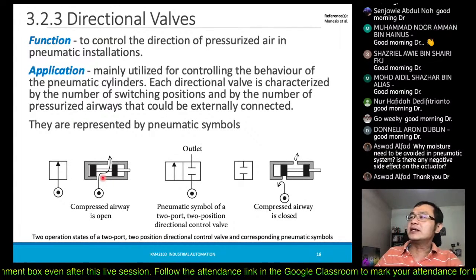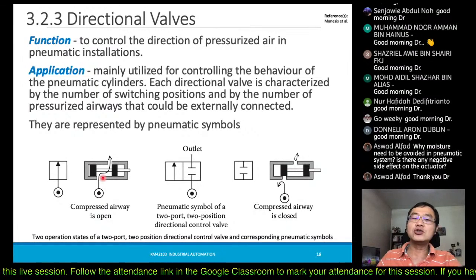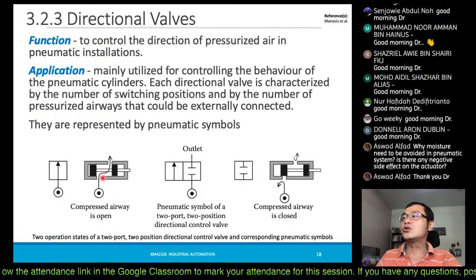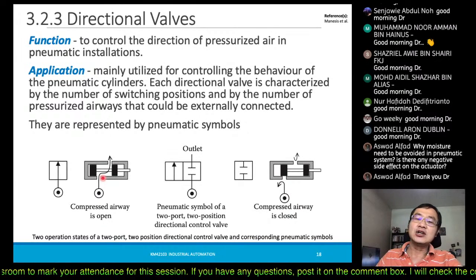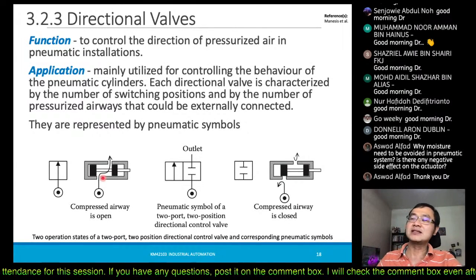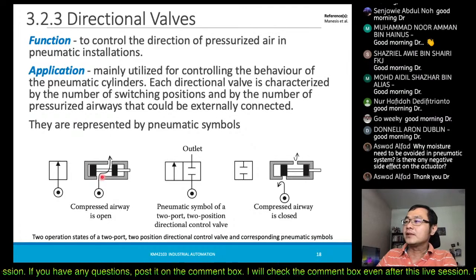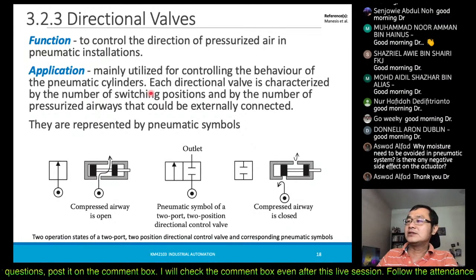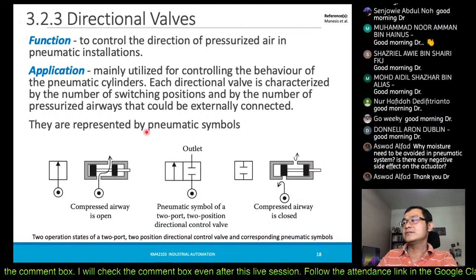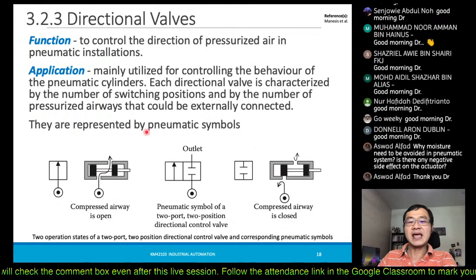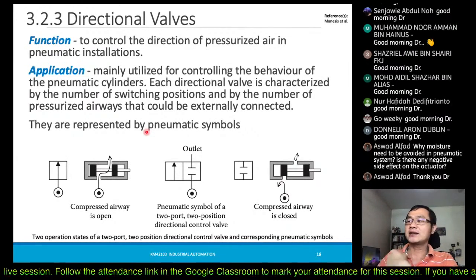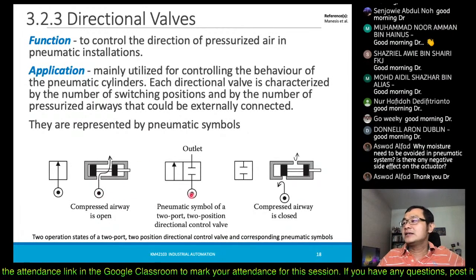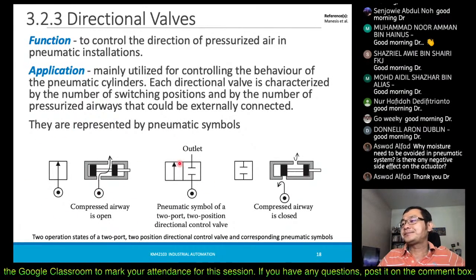So the function of the directional valve is to control the directions of the pressurized air within pneumatic system installations. It's very straightforward, just to control the behavior of the cylinder, whether to extend or retract.